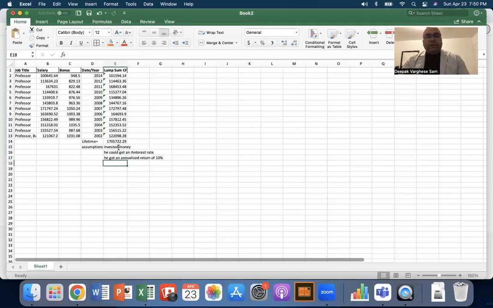Now, what is the real rate of return? Is it 0.08 minus 0.02, or 2%? So this is the rate that he got out of the stocks, and this is the rate he could have gotten investing.